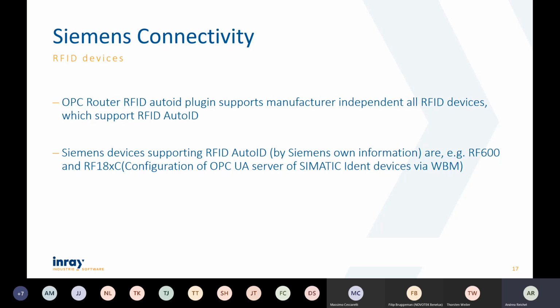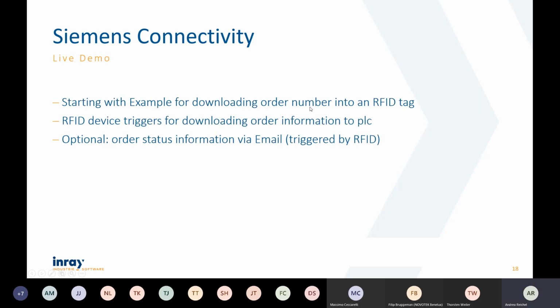And the Siemens devices that support RFID Auto ID by Siemens' own information are, for example, the RF600 series and the RF18XC series, whose OPC server can be configured via web-based management. Okay, but that was enough.